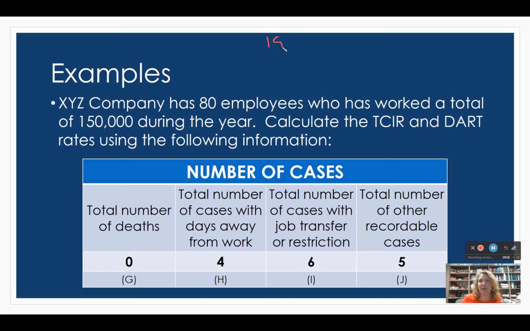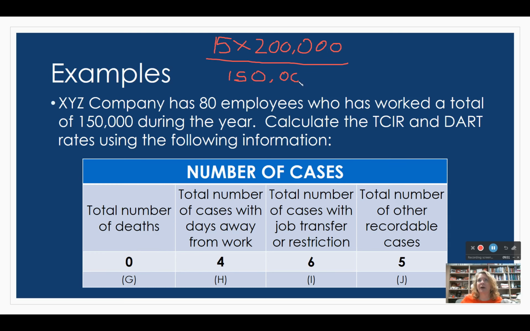So we have 15 recordables, and we're going to multiply it by 200,000, and we're dividing that by 150,000.